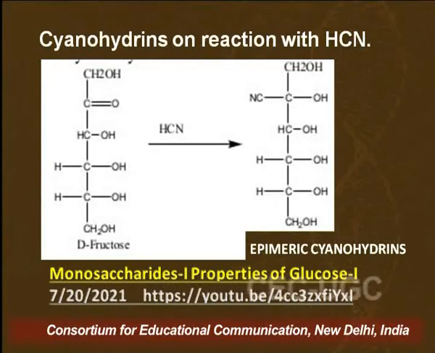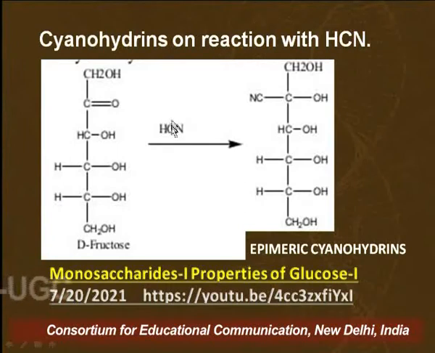The first reaction is that fructose can react with HCN to give us cyanohydrins. I have discussed the mechanism of this reaction in great detail in my lecture on monosaccharides 1, that is properties of glucose 1, whose link I am also sharing here. You know that this carbonyl group, the ketonic group here, has a planar structure, and this carbon is electrophilic in nature.